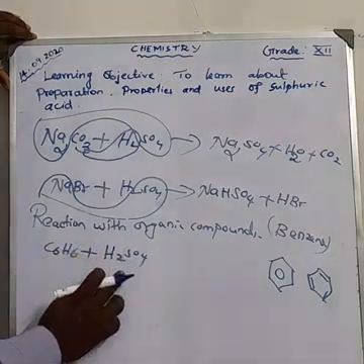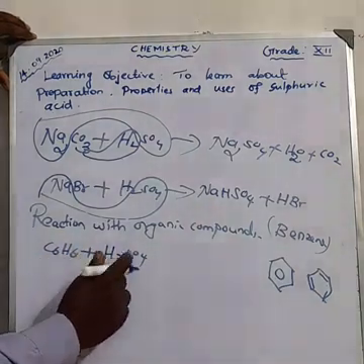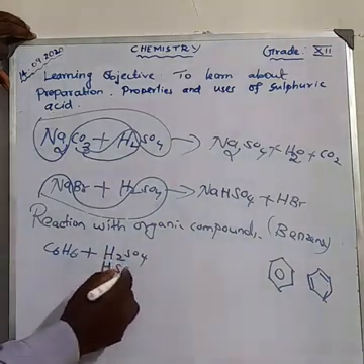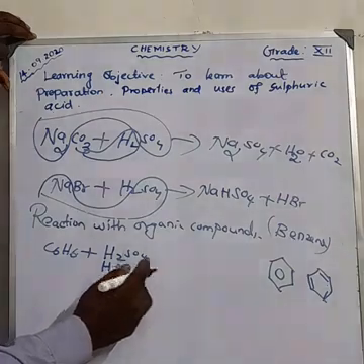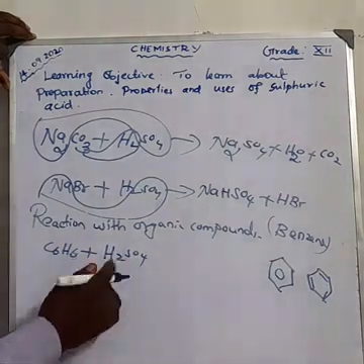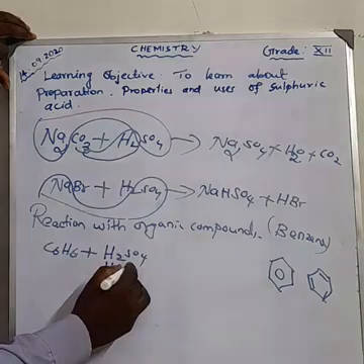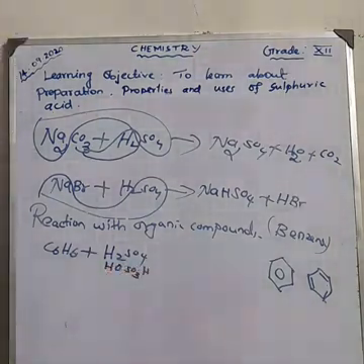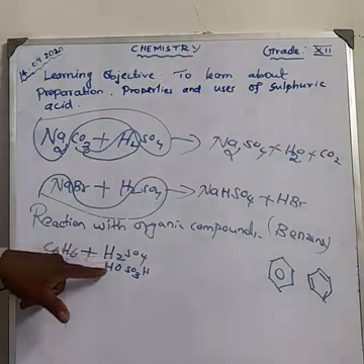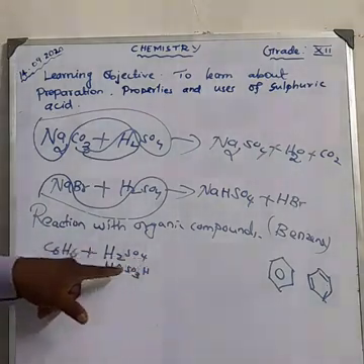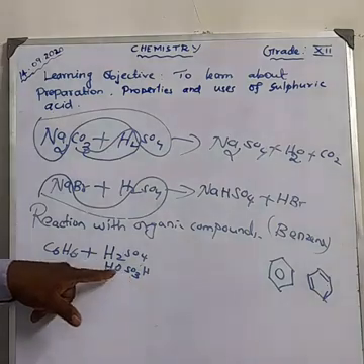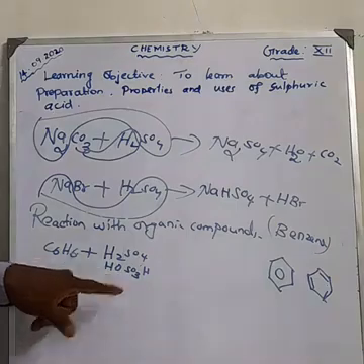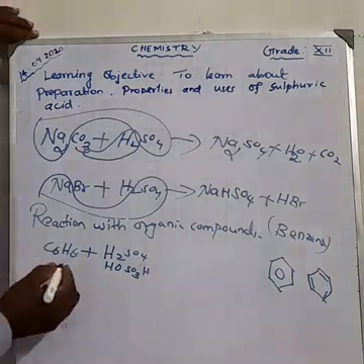Sulfuric acid can be written as HOSO3H. Can you write sulfuric acid like that? How many hydrogens are there? 2 hydrogen. It can be written as H, OSO3, H.